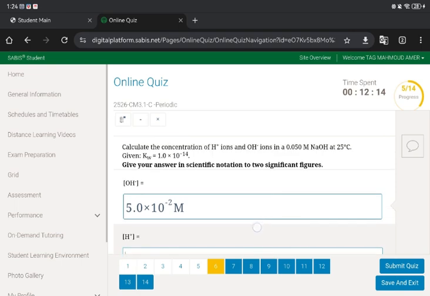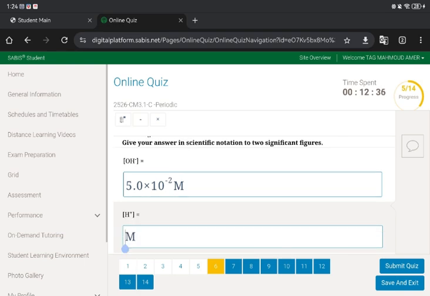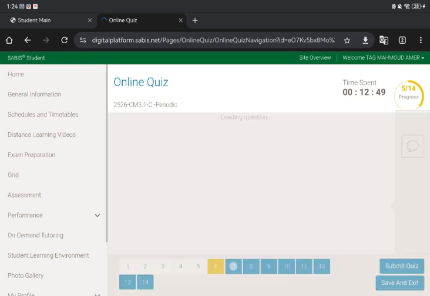And then exact same thing, you do 10 to the negative 14 divided by 0.05. You get 2.0 times 10 to the power of negative 13.